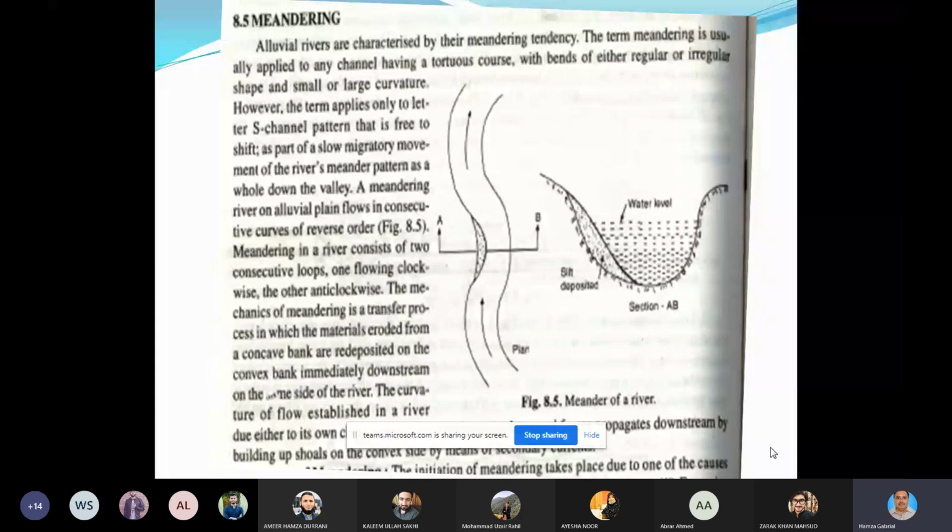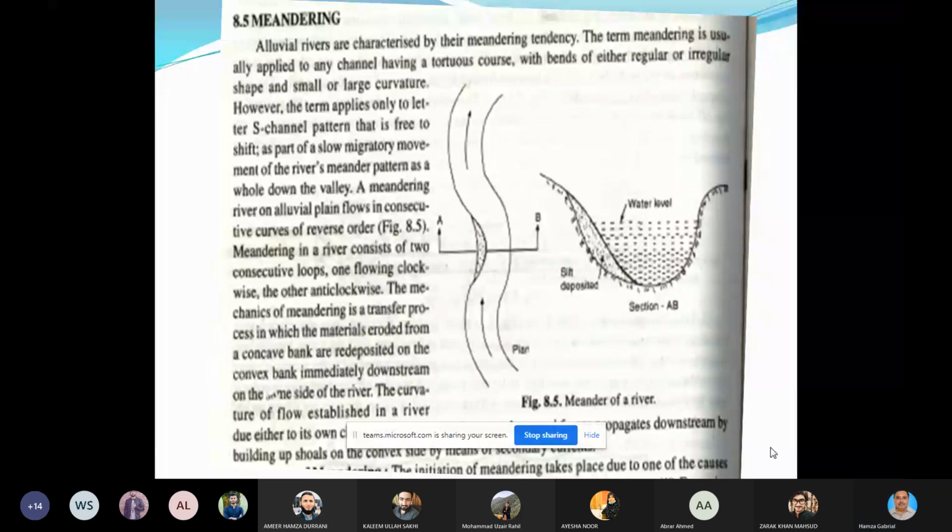You will see one amplitude in the clockwise and the other in the anti-clockwise section. So there will be a pair of clockwise and anti-clockwise amplitudes. Meandering in a river will consist of two consecutive loops, one flowing in a clockwise direction and the other in the anti-clockwise direction.